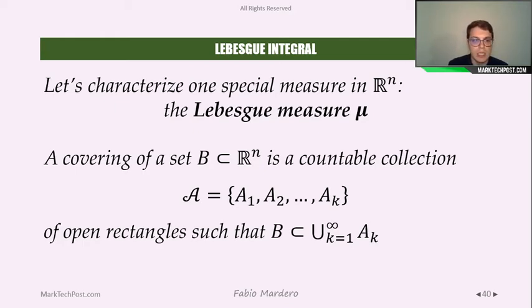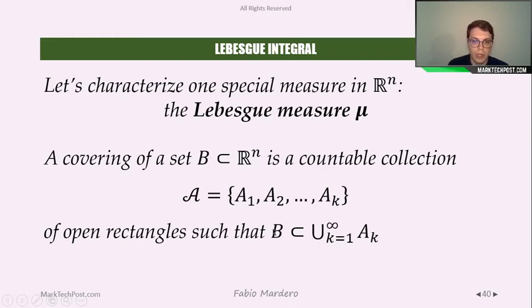We can say that a covering of a set B that stays in R^n is a countable collection of open rectangles such that B is a subset of the union of these sets.